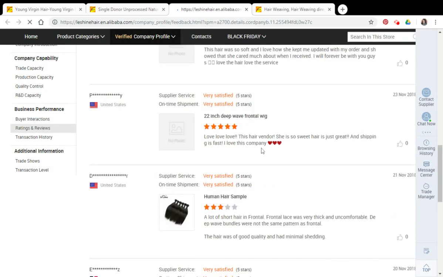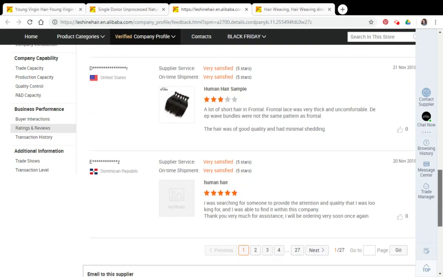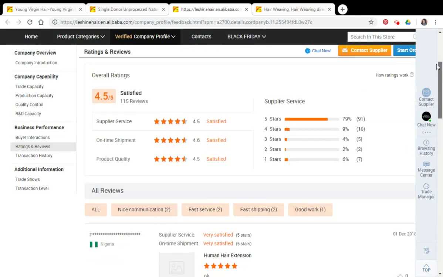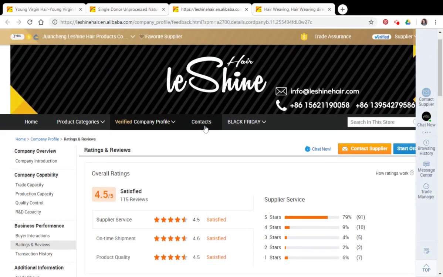They love this hair vendor. Good quality, had minimal shedding. The only issue was the frontals did not match the closure. But for the most part, the reviews seem pretty decent. The company is called Le Shine Hair. It is a manufacturer, so that's a good thing.